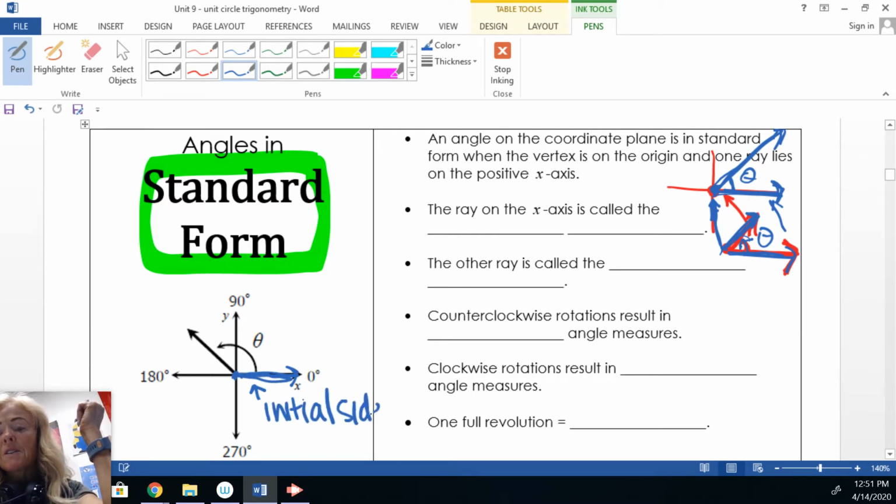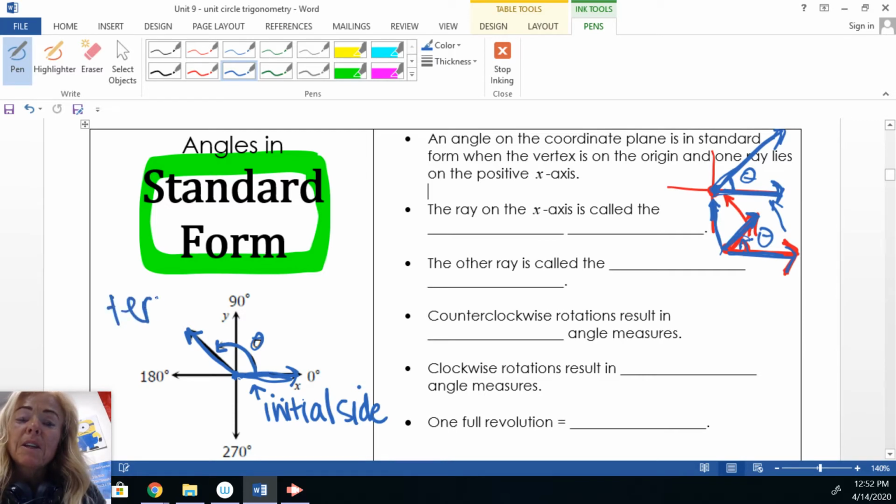side. Sometimes I've seen initial ray, but initial side of the angle, and then this other side right here, this second ray, after it has traveled a certain number of degrees, occurs right there, coming from the origin, and we call that the terminal side.